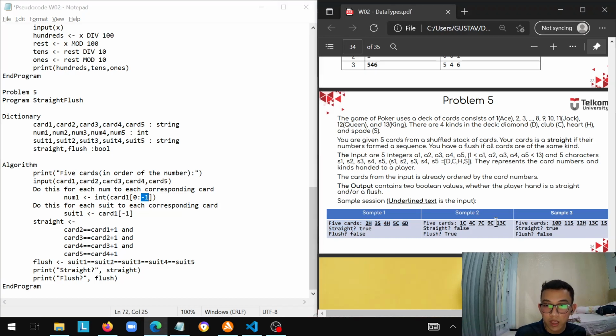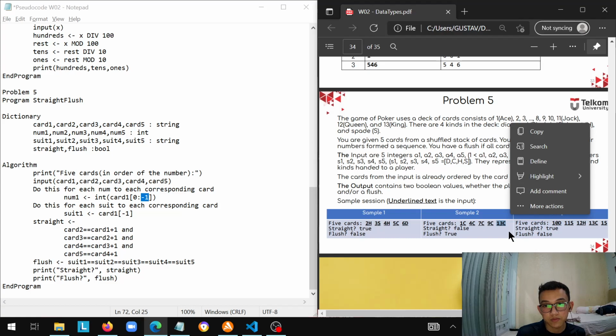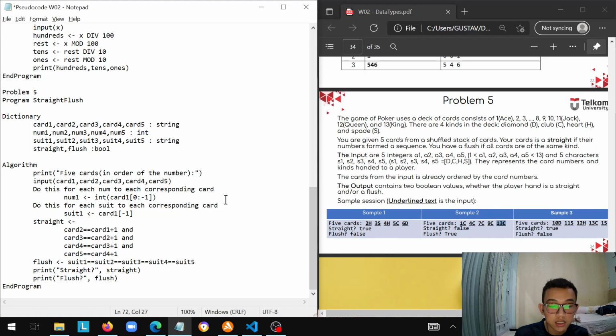So basically, let's take 713. It's going to include the first 3, minus 4, which is the suit of the card, and we're going to do this later, and we do it for each card. For number 1, we're going to use card 1, and number 2 card 2, and so on.